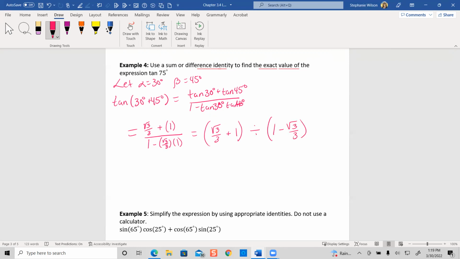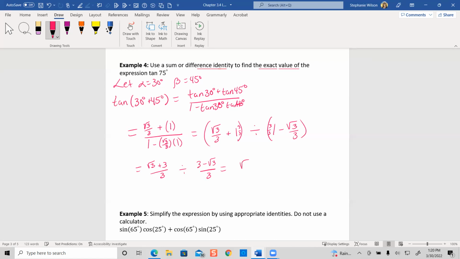All right, so now, in order for me to add or clean it up, I need to find a common denominator. In this case, I'll multiply top and bottom by 3. So now I got square root of 3 plus 3 over 3 divided by, and I got to do the same thing here because the denominator is 3 and 1. So now I got 3 minus the square root of 3 over 3.